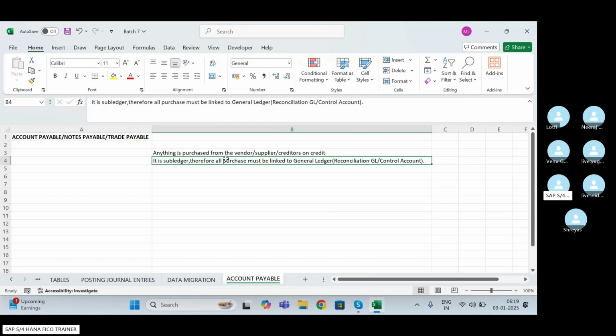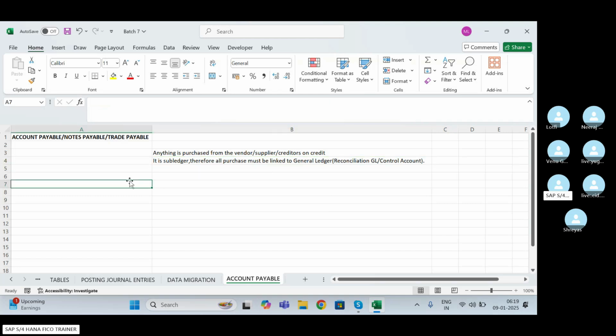Meaning that you may have multiple vendors, 2000, 3000 vendors. So whenever you pass the journal entry, let's say you're purchasing something from ABC vendor, you'll pass a journal entry like purchase account to ABC vendor.